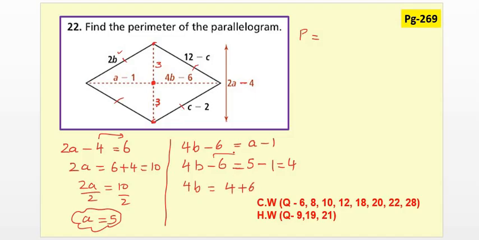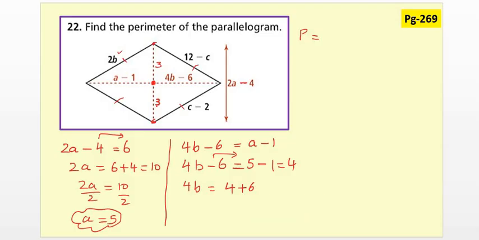I move this 6 to the other side. So it's giving me 4b equals 10, and now you can divide each side by 4, so it will give us the value of b equals 2.5, right? So we got the value of b, that is 2.5.